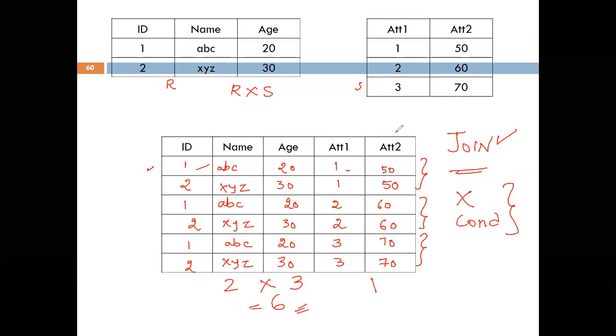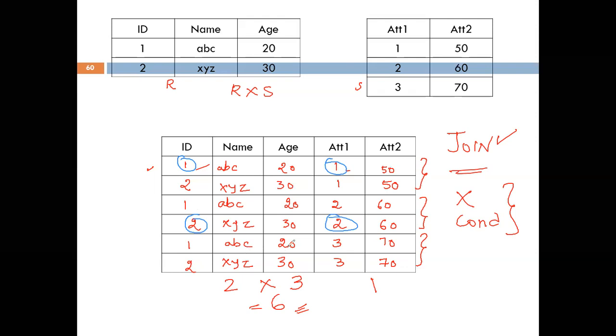Some of the valid combinations include these: the IDs are the same, so 1 with 1 is valid. Similarly, 2 with 2 is valid. All other combinations will be invalid.